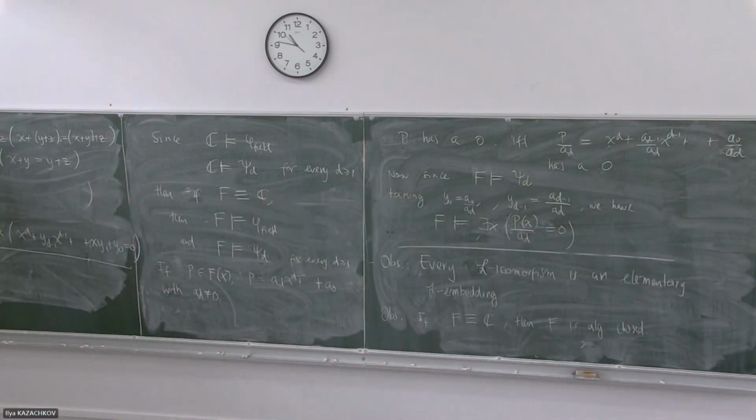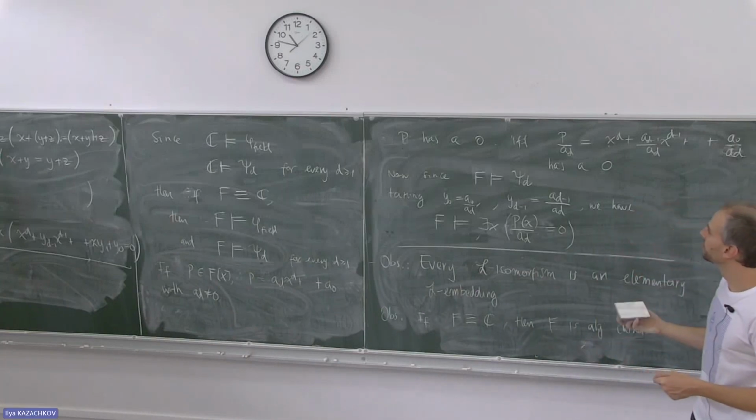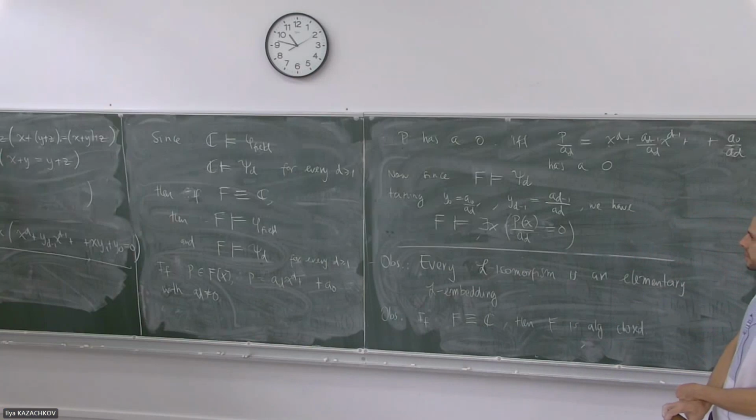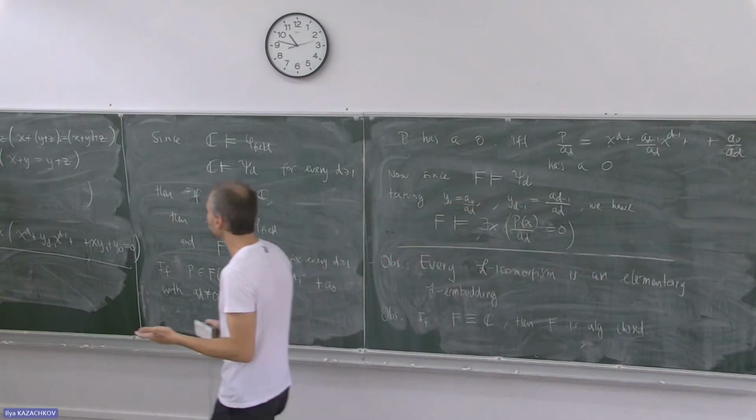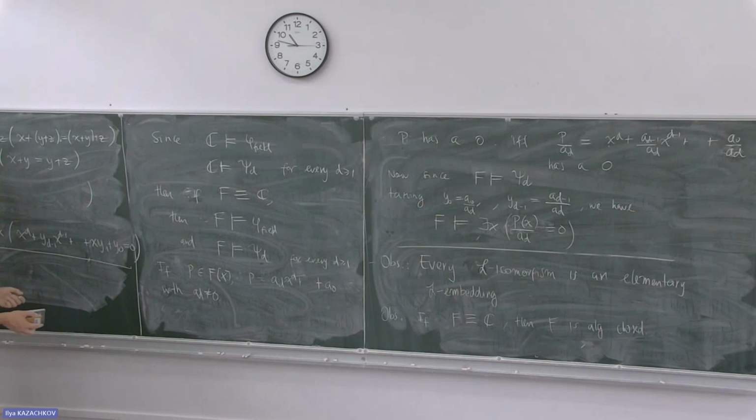Right. We have 10 minutes. Let me now give you an easy criterion to know when an inclusion is an elementary embedding. For the time being, we only know that this has to hold for every formula.